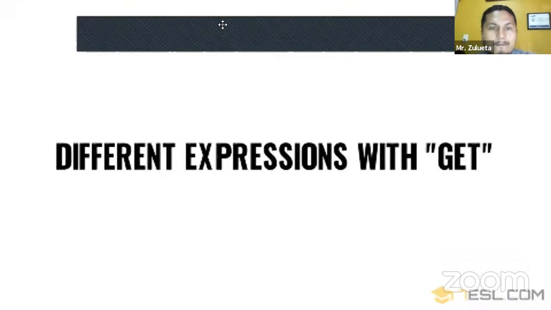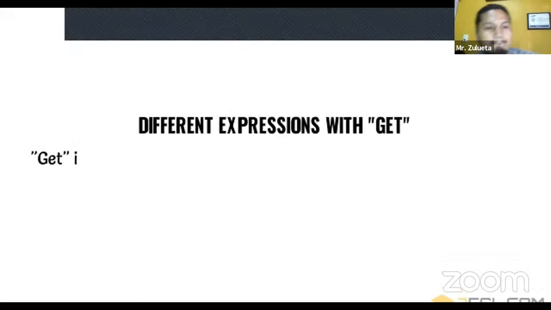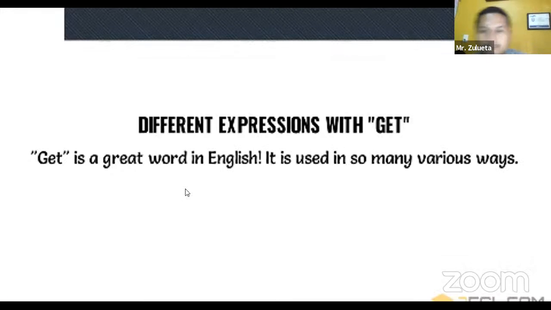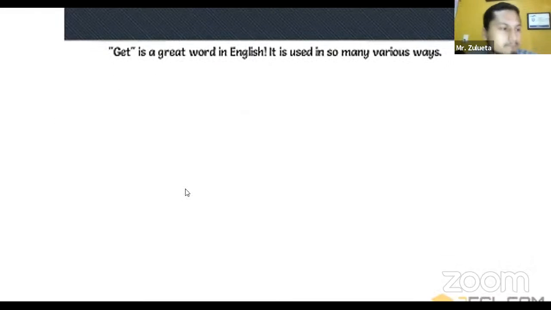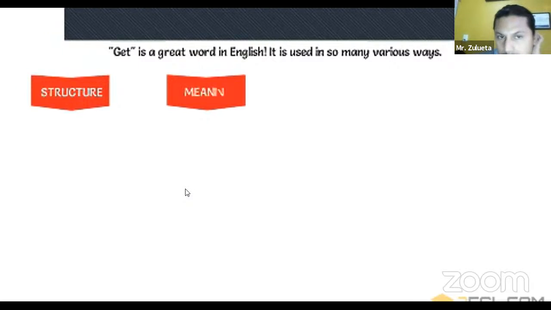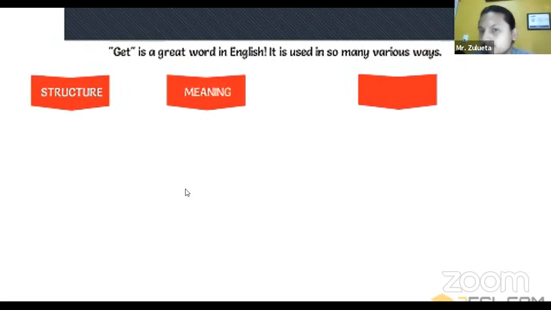With get. Get is a great word in English. It is used in so many various ways. Structure, meaning, example.